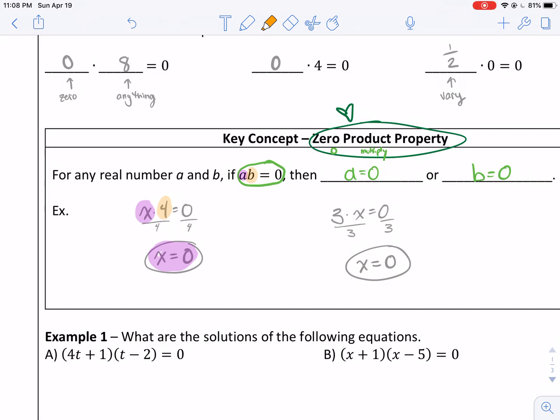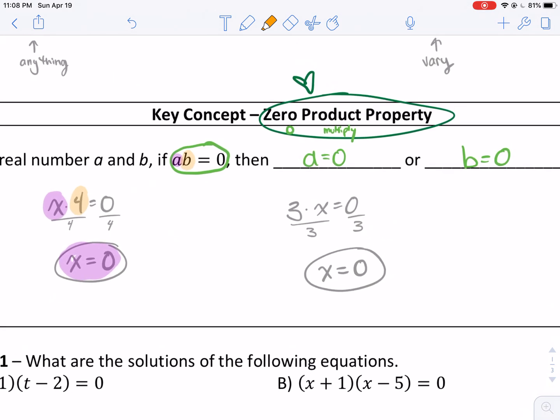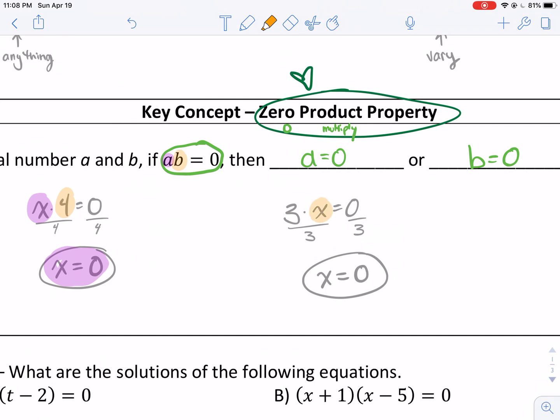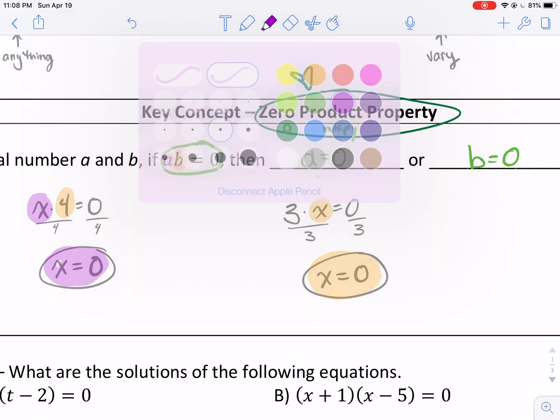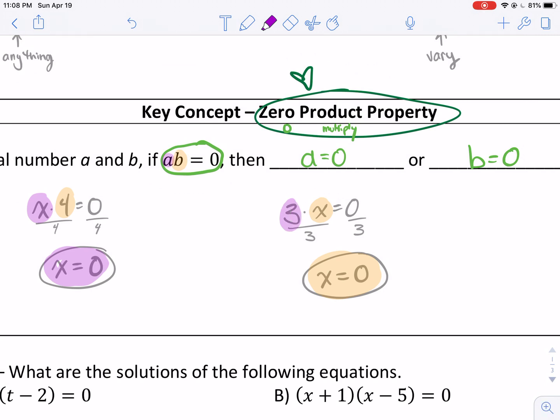So x was equal to 0. And our other one, our b was equal to 0. We had a is 3, b is x, 3 times x is 0. One of them has to be 0. So 3 is not 0, so x is 0.